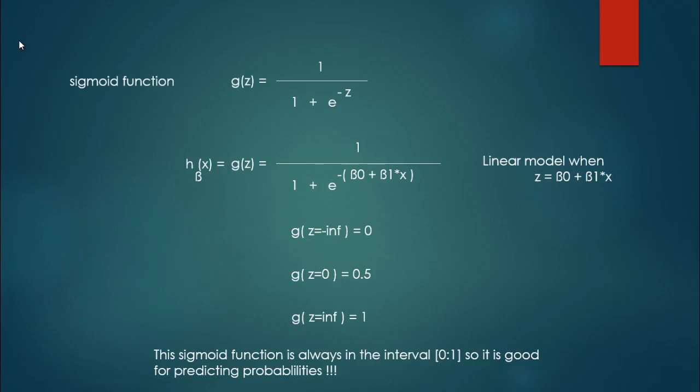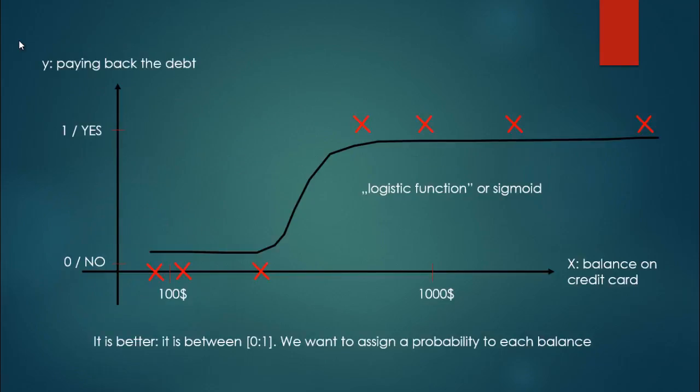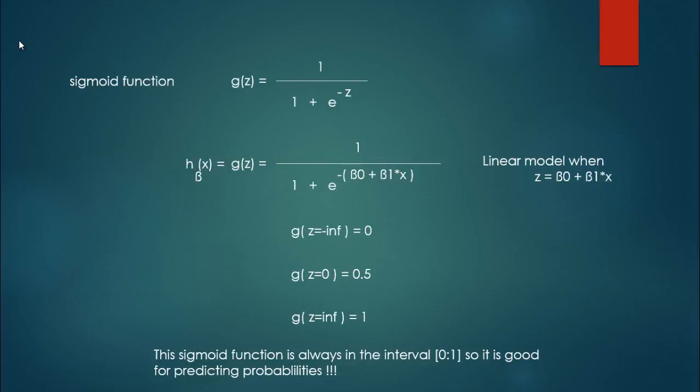And this is the so-called h(x) hypothesis, and with the help of this hypothesis we will be able to predict whether a given person is going to default or not. So for example, there's an x, for example $500. What's the probability for a person that has $500 on his credit card that he's going to default? And we can calculate this probability with the help of this sigmoid function, with the help of logistic regression.